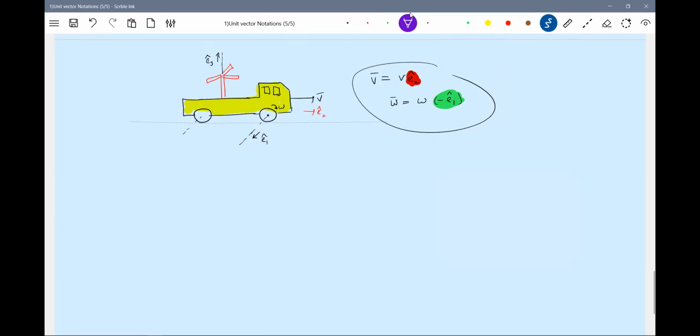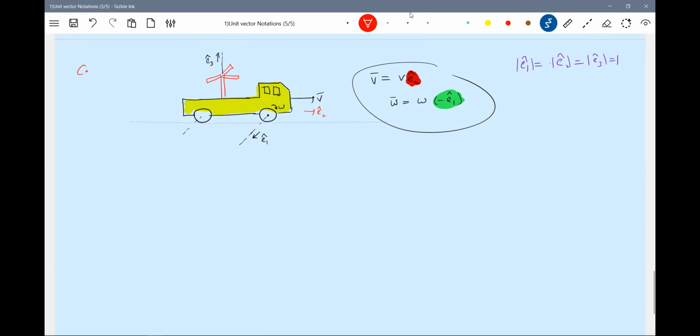Again, what is the magnitude of all? Mod of E1 cap is one. They are brought just to indicate direction, that's all. So what is the conclusion? Unit vectors are used to specify the direction of any vector quantity.